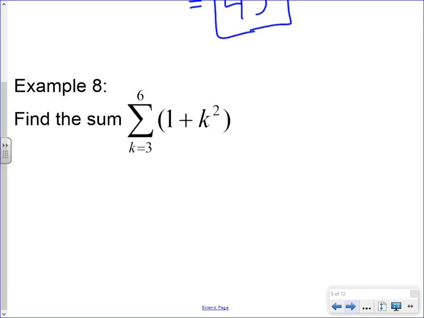All right. This is one that I'd like you to do in your notes and then compare your answer to a neighbor. Draw a sigma correctly.